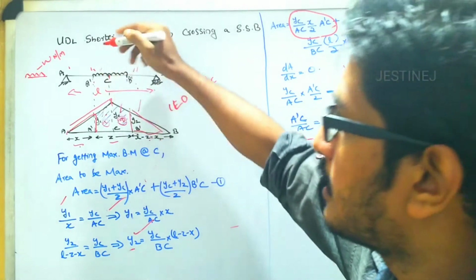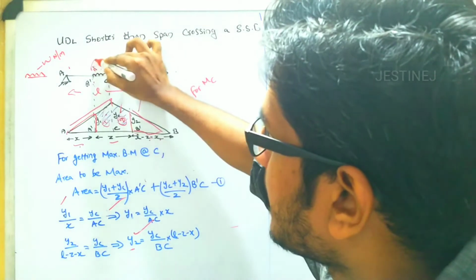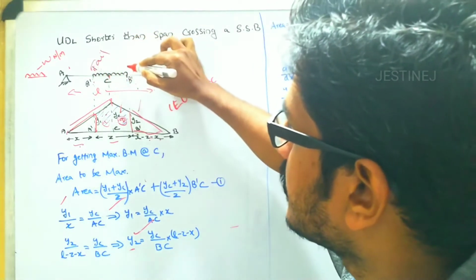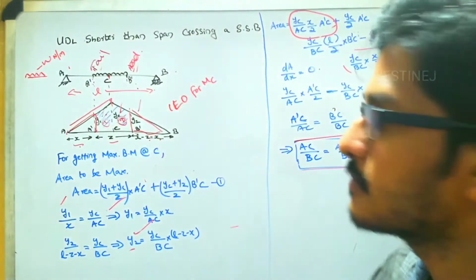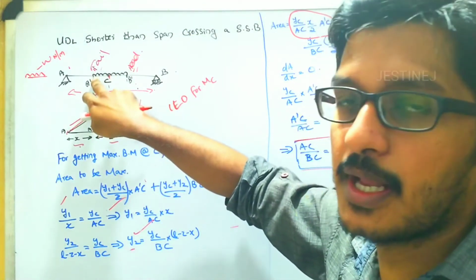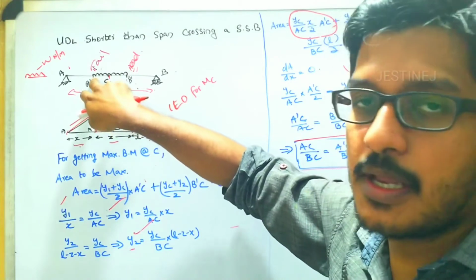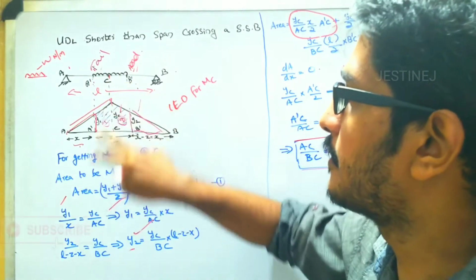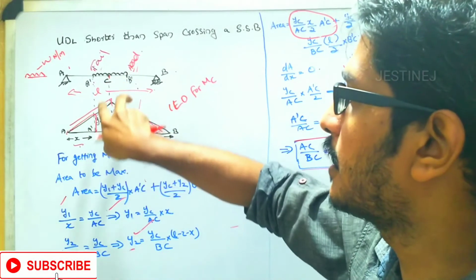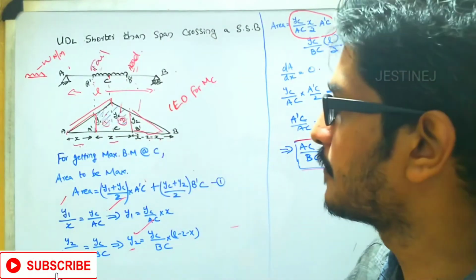This point will be the tail point and this point will be the head point. For this UDL, the end point will be the tail and the starting point will be the head point. We will draw a diagram in this format.